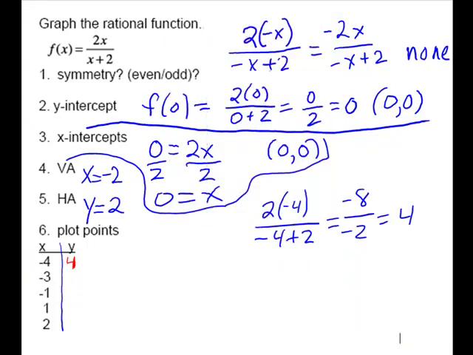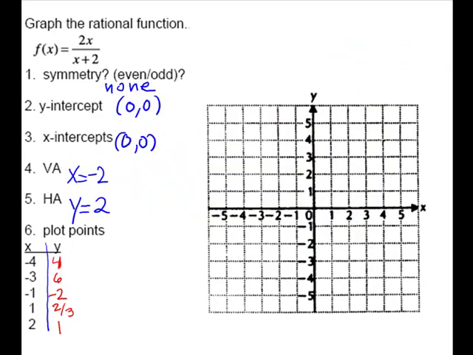Okay, so let's finish filling in these values and then I'll clear part of this stuff off. So -3, 6, -1, -2, 1, and I went ahead and changed that to 2/3, and 2, 1. All right, let's put our information on our grid.